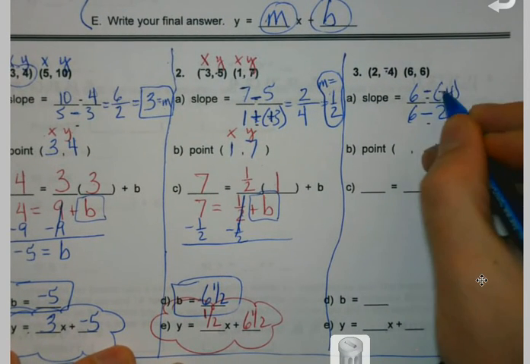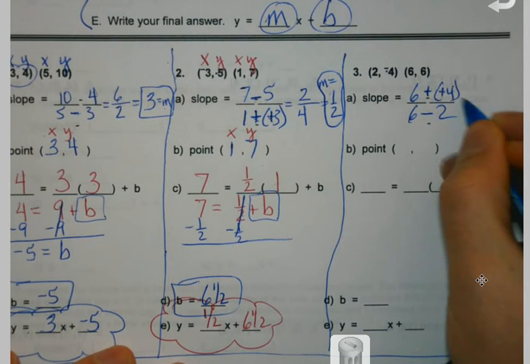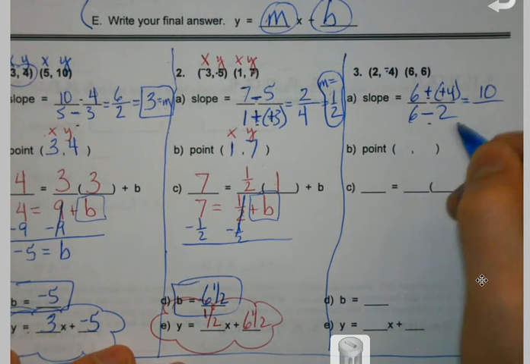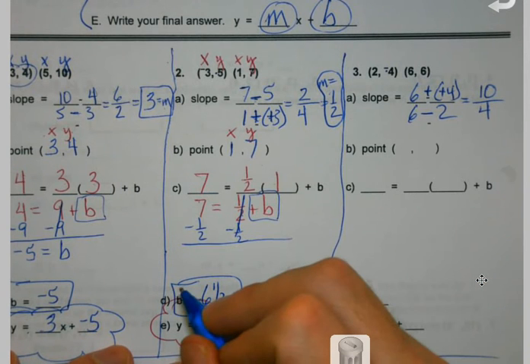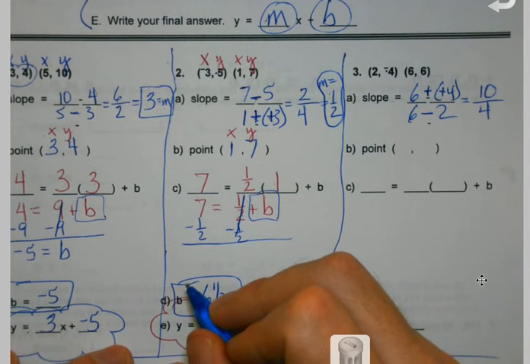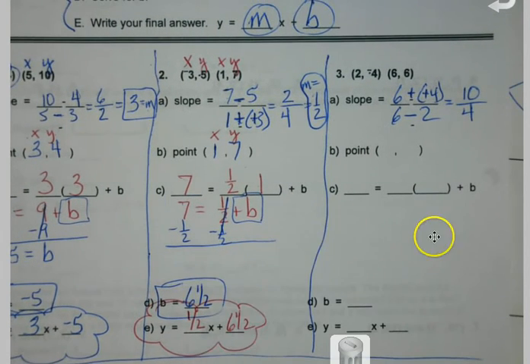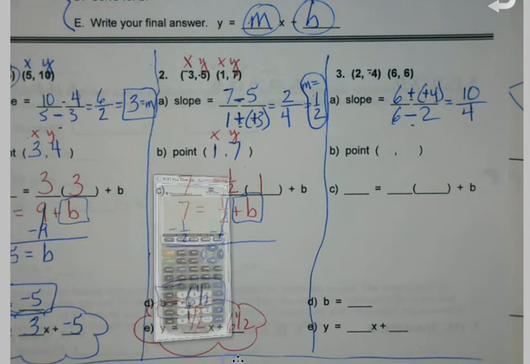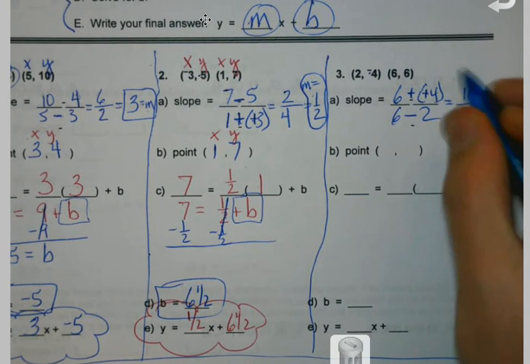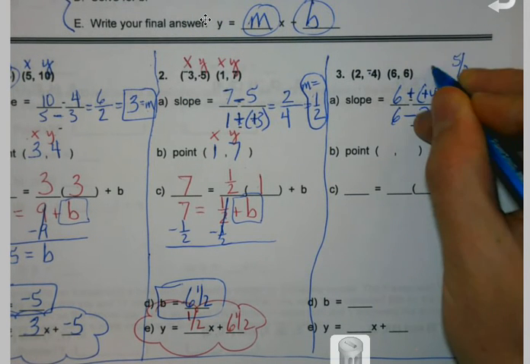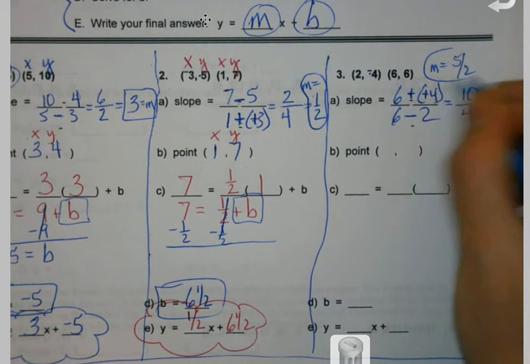We just got done saying minus a negative is plus, so that's 10. 6 minus 2 is 4. Can I reduce this? I'm not sure. Let's find out. 5/2. All right. So 5/2 is my m.